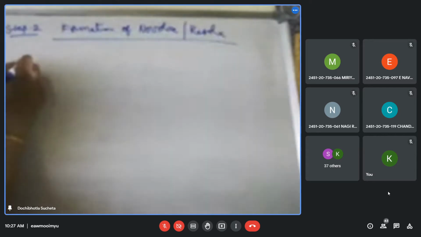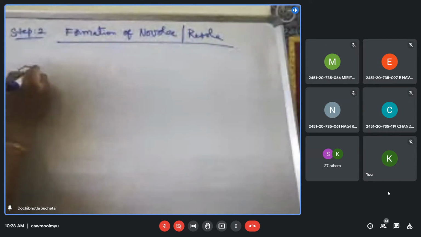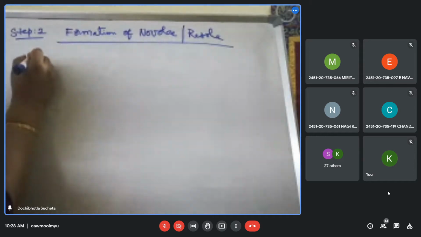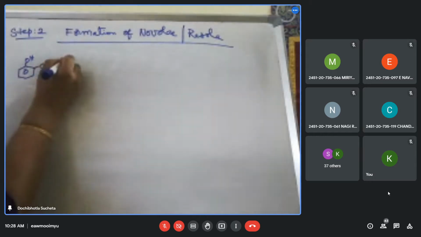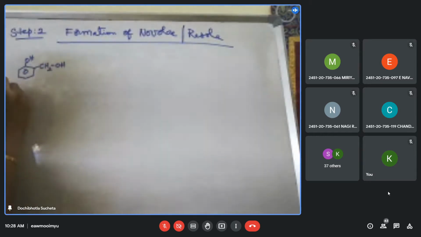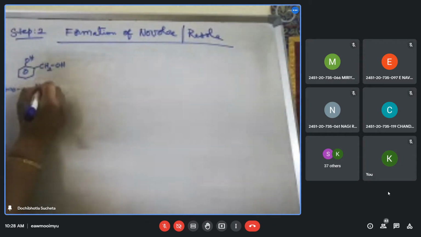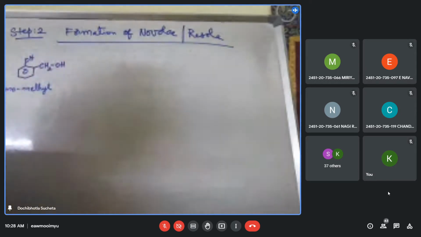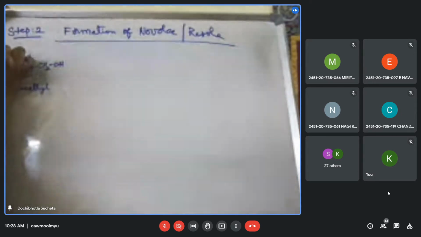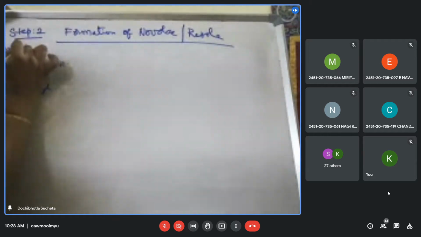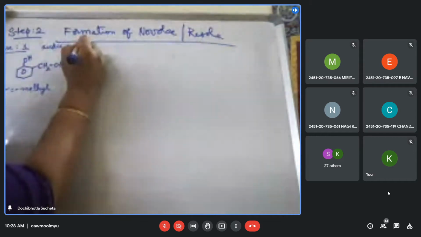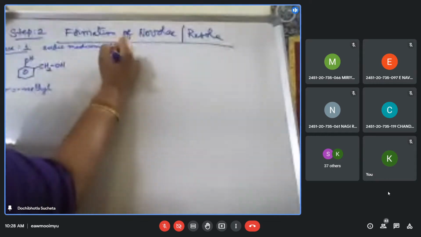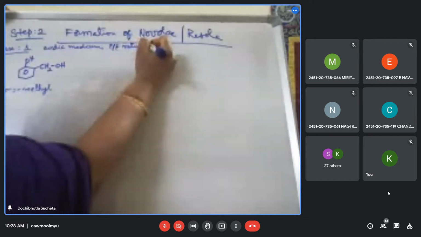I'll take the monomethylol phenol. This is a phenolic ring and I put CH2OH. This is called monomethylol phenol. On top of this, put case 1: acidic medium, P by F ratio greater than 1.